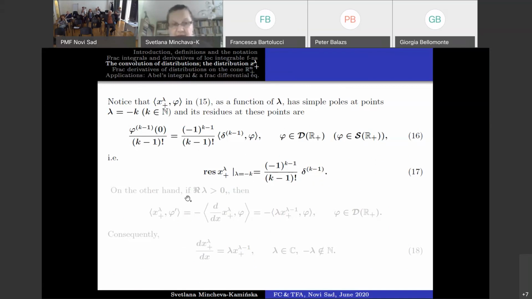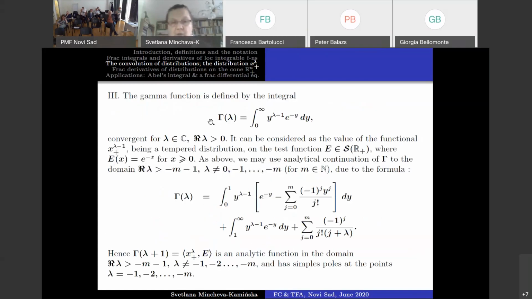On the other hand, when a real part of lambda is greater than 1, we have formulas for the derivatives of these power functions, like distributions, and we see that these derivatives are just the usual derivatives of power functions.